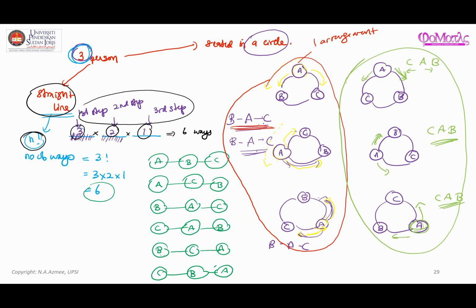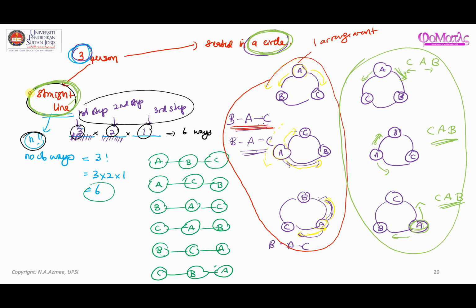I hope you can see the difference between this problem where 3 persons are to be seated in a straight line, and this one where 3 persons are to be seated in a circle.